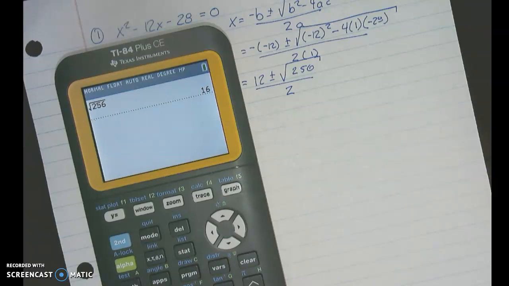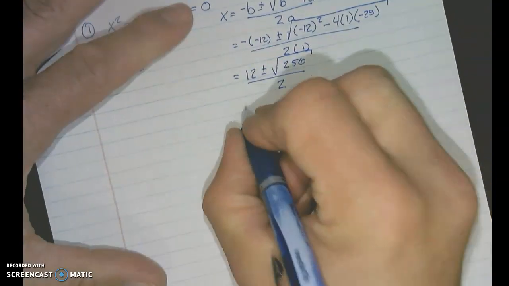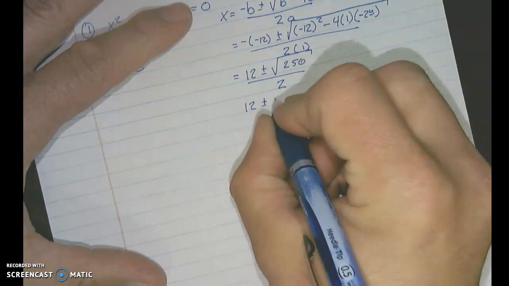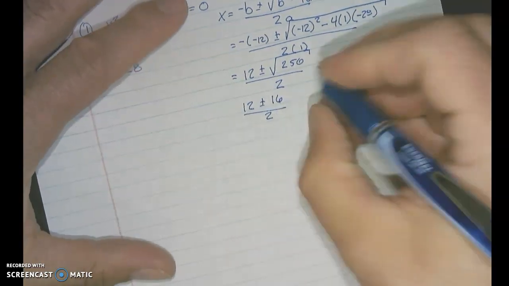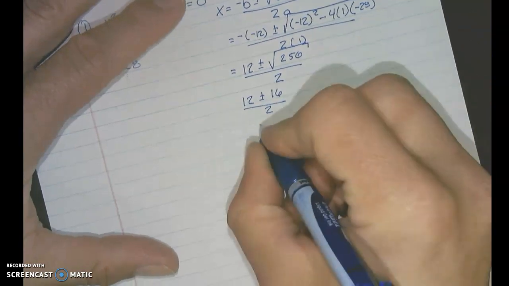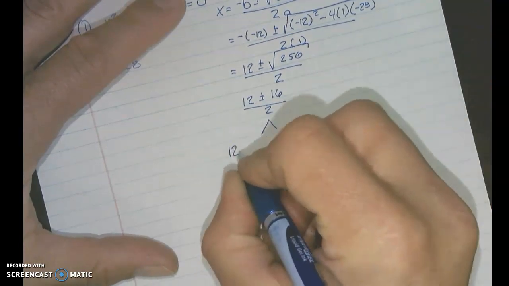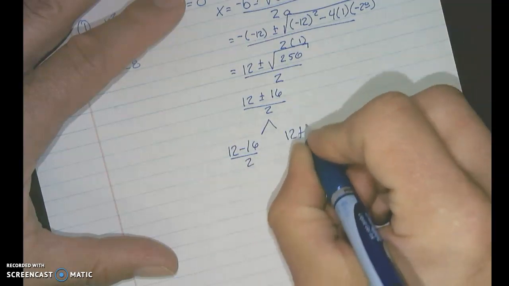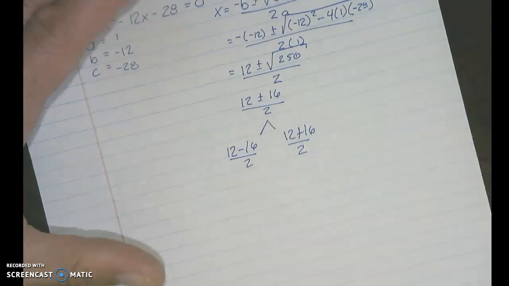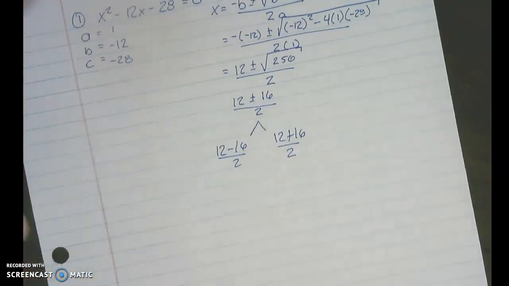Okay. So I'm going to have 12 plus or minus 16 divided by 2. So I have two problems. I have 12 minus 16 divided by 2, and I have 12 plus 16 divided by 2. 12 minus 16 is negative 4.